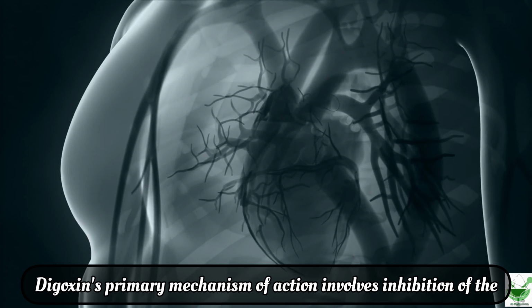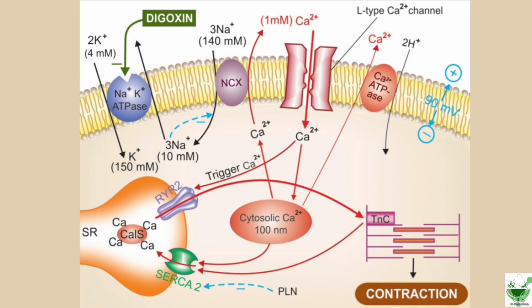Digoxin's primary mechanism of action involves inhibition of the sodium potassium adenosine triphosphatases mainly present in the myocardium cells, that are heart cells. This inhibition causes an increase in intracellular sodium levels, resulting in decreased activity of the sodium calcium exchanger, which normally imports 3 extracellular sodium ions into the cell and transports 1 intracellular calcium ion out of the cell.